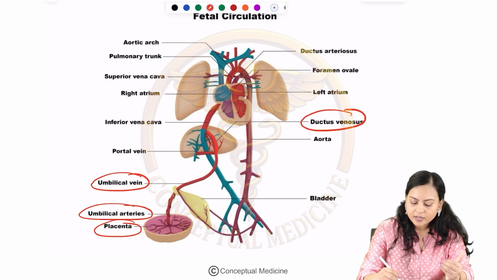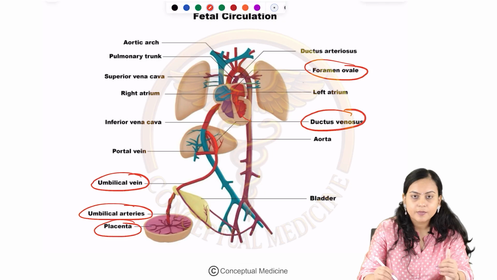Now, as the blood from the inferior vena cava reaches the right atrium, most of the oxygenated blood is going to the left atrium via the foramen ovale. From the foramen ovale, the blood that has reached the left atrium will reach the left ventricle, and through the aorta that will be supplied to the brain and the upper limbs.